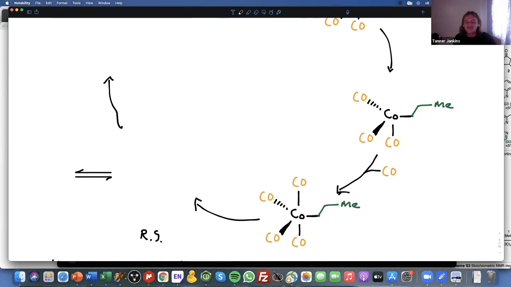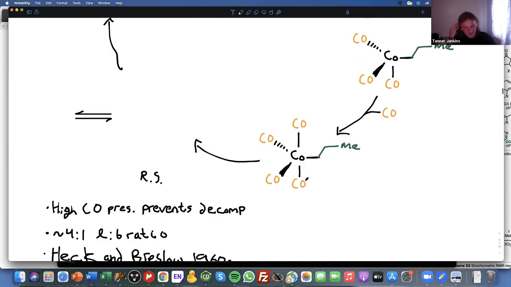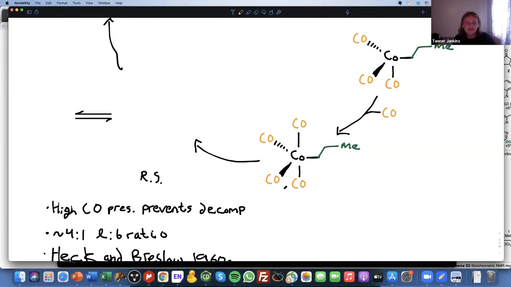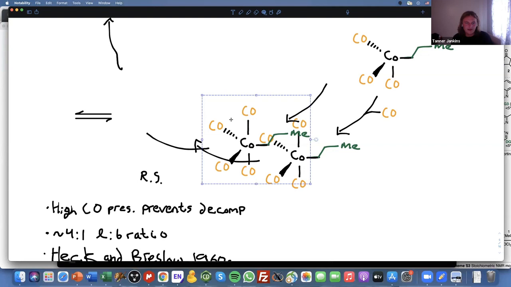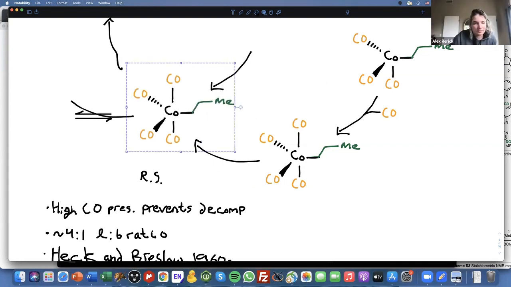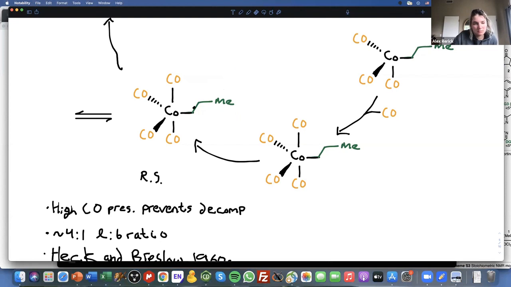So then after formation of this tetracarbonyl cobalt alkyl species, you then undergo the next elementary step. And so let's see, Alex, do you mind hazarding a guess as to what we're going to form here? Will you have like migratory insertion of a CO? Perfect.